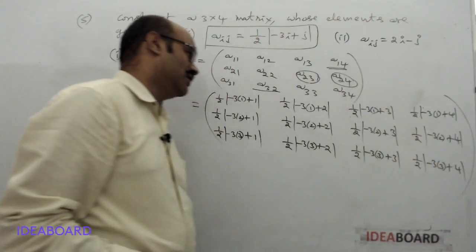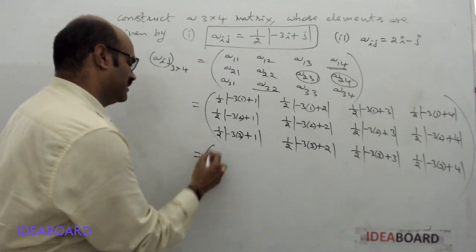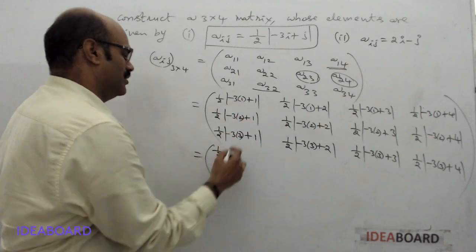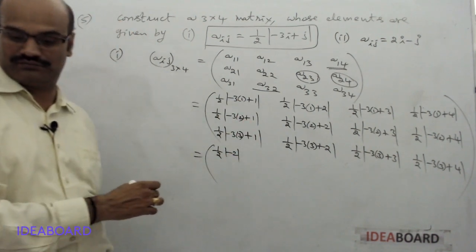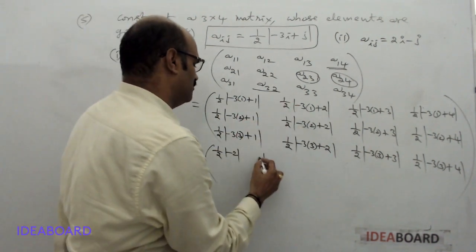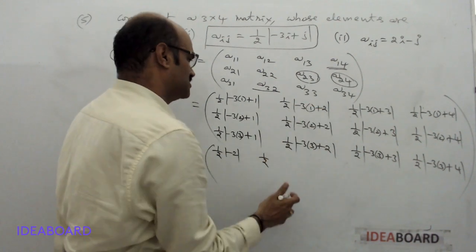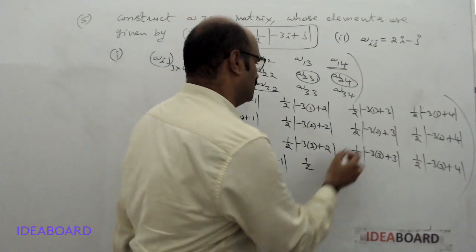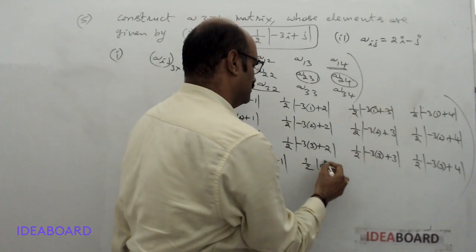Now we have to simplify this. So it implies 1 by 2 into modulus of minus 2. Next 1 by 2 into minus 3 plus 2, modulus of minus 1. 1 by 2 into minus 3 plus 3, 0.